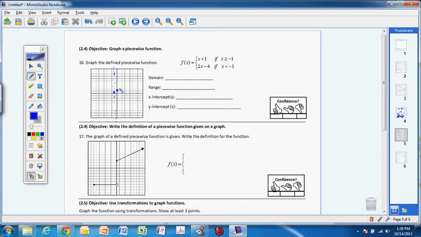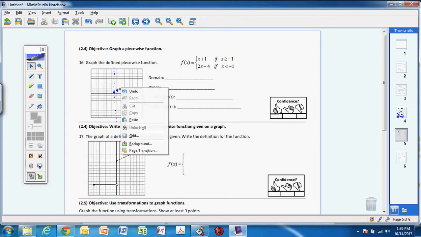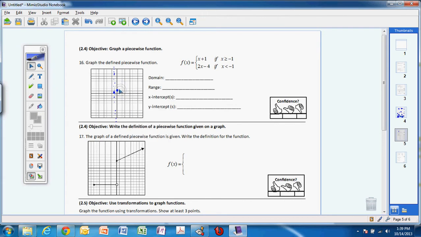Again, I can go up 1 and over 1 for one more point. That's that point right there. From here, we just draw our line. So for any number greater than or equal to -1, I'm using this line.